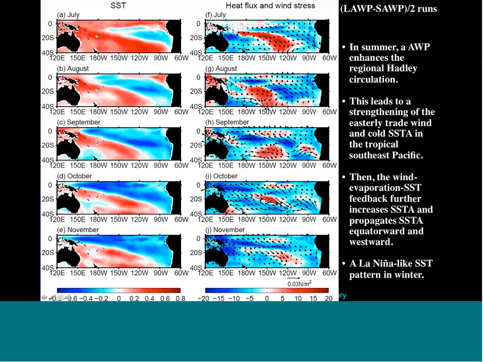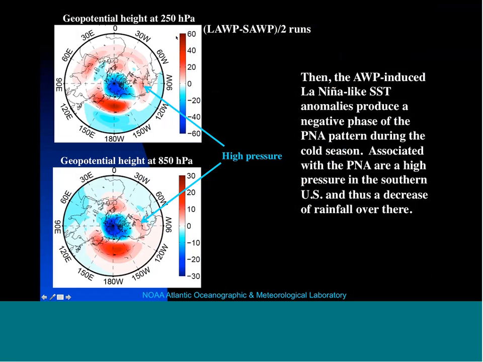This cold SST anomaly over the tropical Pacific Ocean will induce a PNA pattern which influences the rainfall over North America. And here is the result. Here is again our model result.